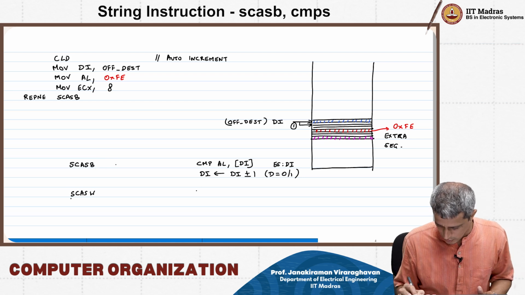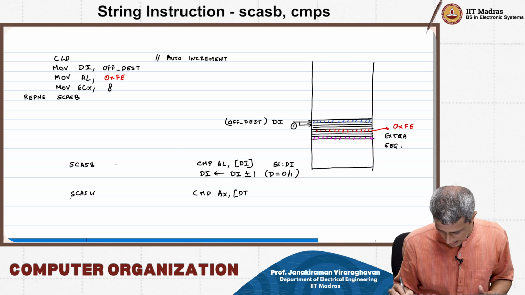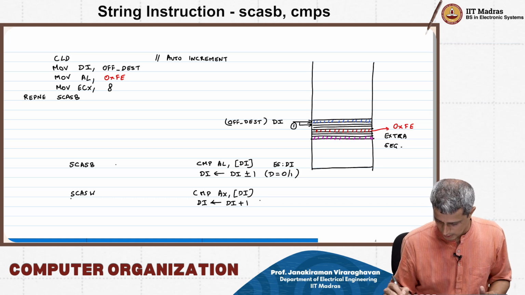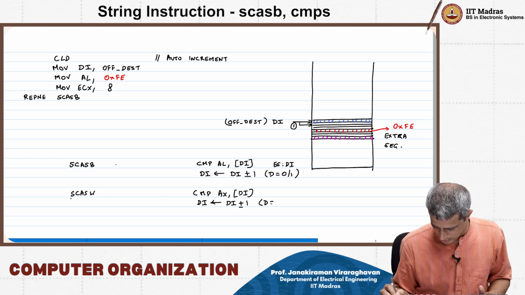SCAS word is going to compare AX with contents of DI, and then DI will be DI plus or minus 1, depending on the direction flag, right?